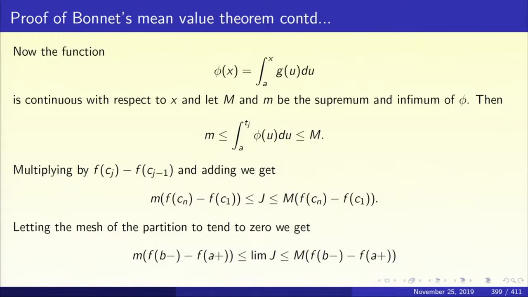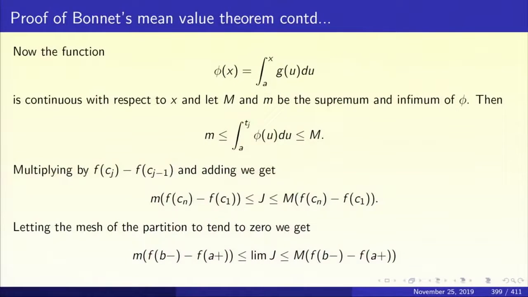Little m is less than or equal to φ(t_j), which is less than or equal to capital M, and multiply by f(c_{j−1}). Here again we are using the monotonicity. If you multiply, it should not happen that for certain terms the sign changes this way and for certain terms the sign changes that way. That should not happen.